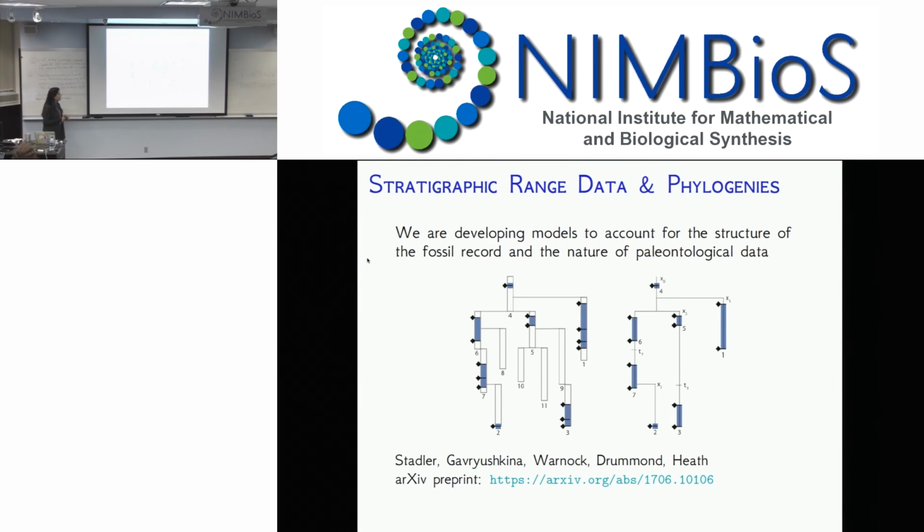So we have just posted this archive preprint on this model for stratigraphic range data. In the paleontological literature, often the stratigraphic range data are not presented in a phylogeny. We might have, like here, 100 lineages of bivalves and each of their first and last occurrences.